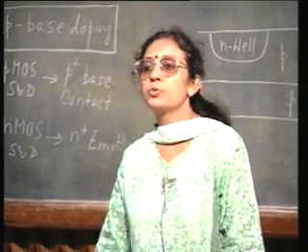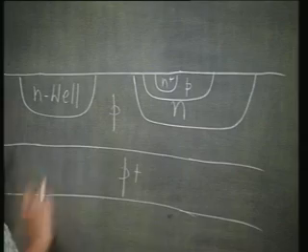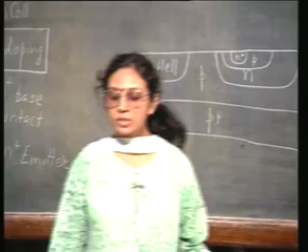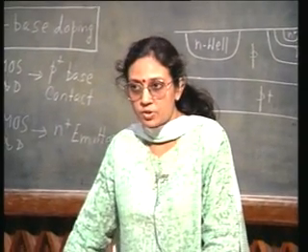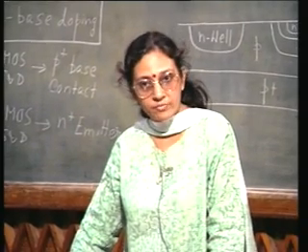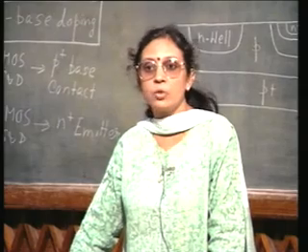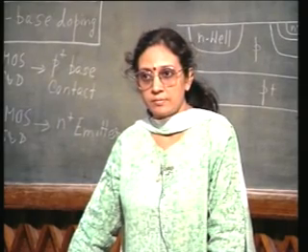So, what we should do is, instead of using a P on P plus substrate, let us use a low P doped substrate, a P minus substrate, have the buried layer first and then have the NOLs aligned to these buried layers, right.